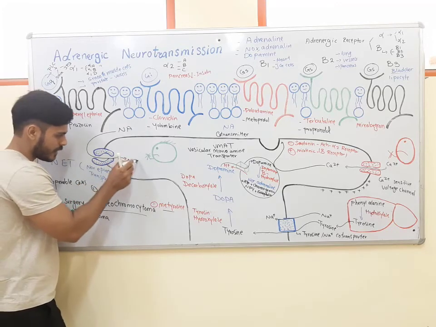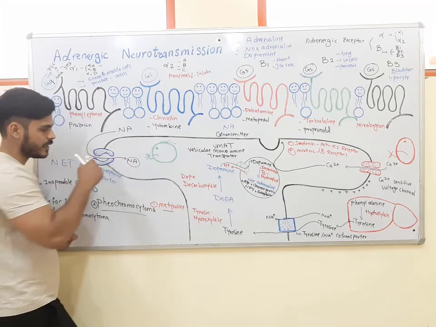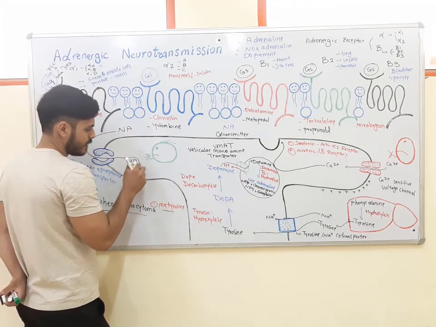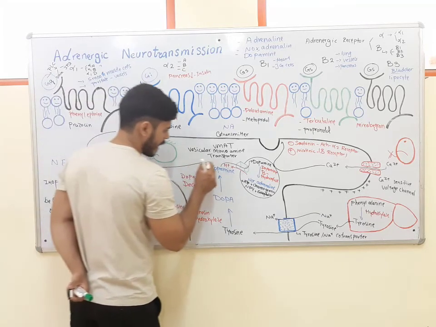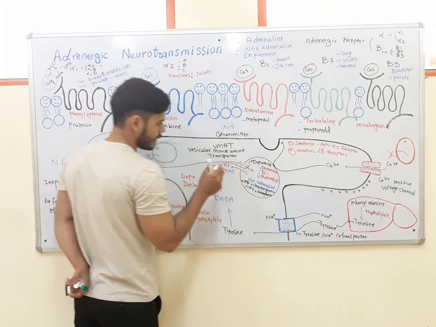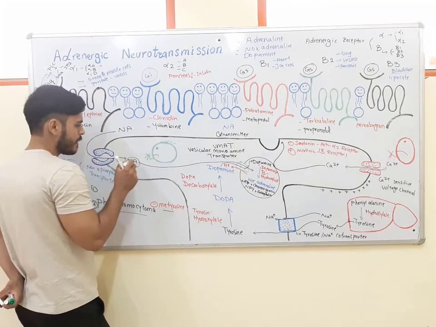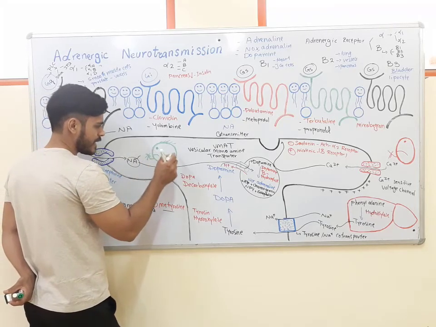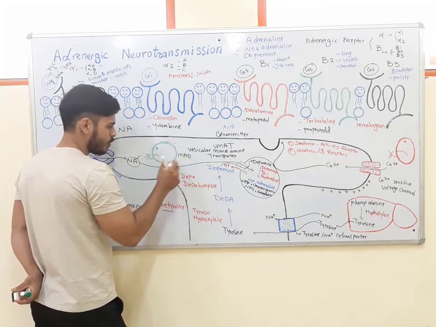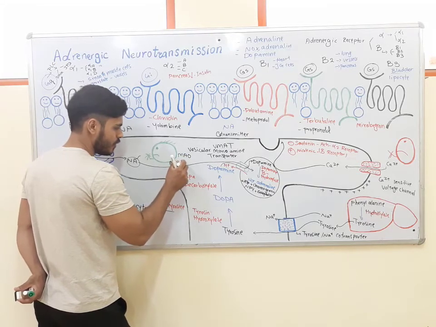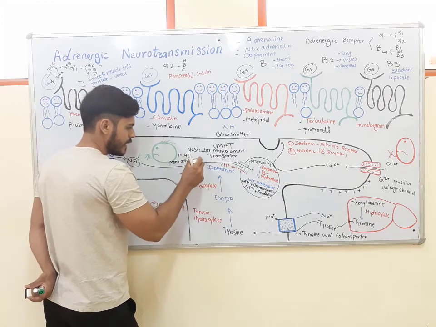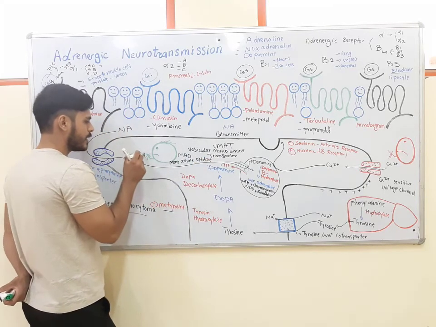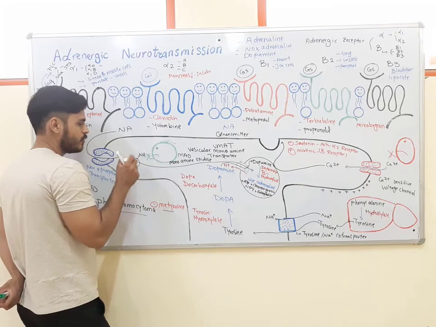When this noradrenaline comes into the nerve terminal, either we can uptake this noradrenaline again by VMAT and store it into the vesicle, or we have a special enzyme which is MAO, monoamine oxidase. This enzyme binds to noradrenaline and metabolizes it to its metabolite.